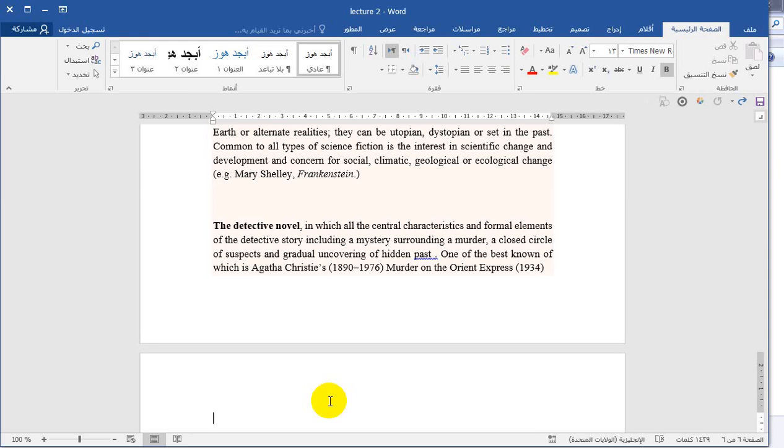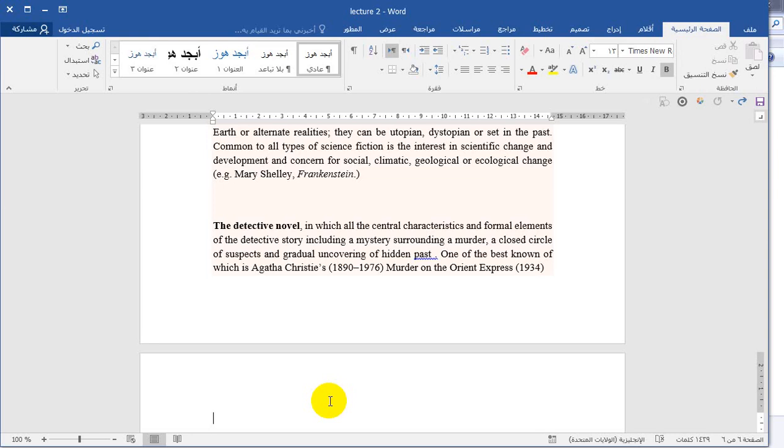He wants to discover the story of this crime and solve the puzzle of this crime. In this kind of novel, the reader is kept in suspense. He wants to discover who the criminal is and why he committed his crime, and sometimes we discover that the major character, the protagonist himself, is the criminal. And it has certain characteristics.